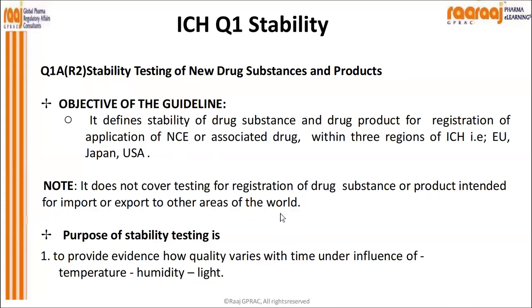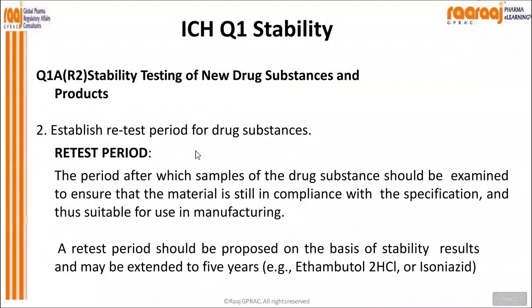So you know how to perform the stability studies with different temperature and humidity and at different time intervals like 0 months, 1 month, 3 months, 6 months, 9 months, 1 year till your shelf life. Then retest period, correct? So the period after which samples of the drug substance should be examined to ensure that material is still in compliance with the specification and could be used for manufacturing.